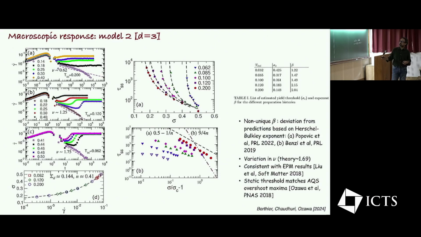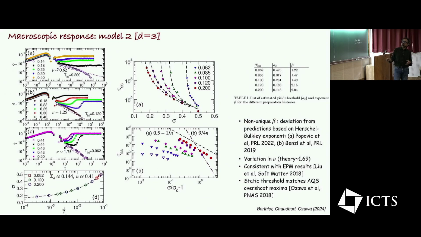The reason being that in the theory, the exponents are completely determined by this Herschel-Bulkley exponent. On the contrary, it has no information about the preparation history of these materials. The other thing that we also try to estimate is this exponent nu, by which the system is going into a frozen state. And we also see that this exponent varies quite a lot depending upon the preparation history.